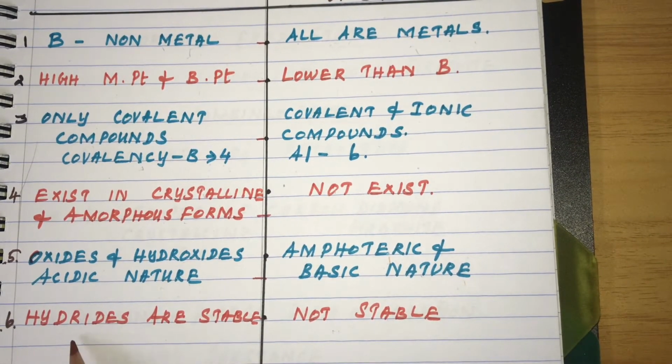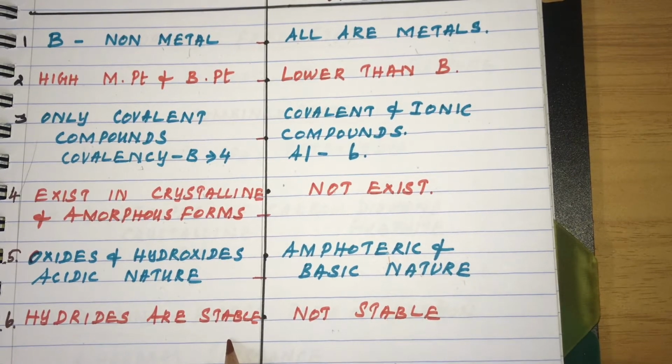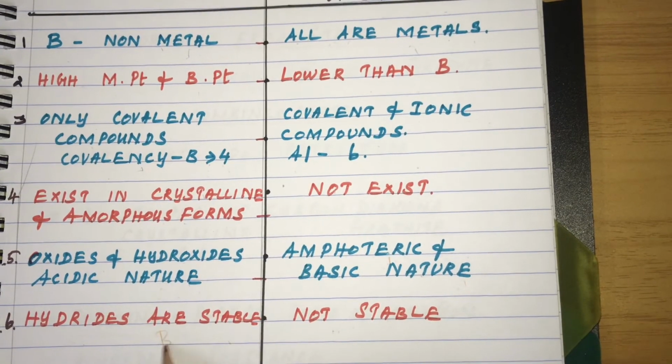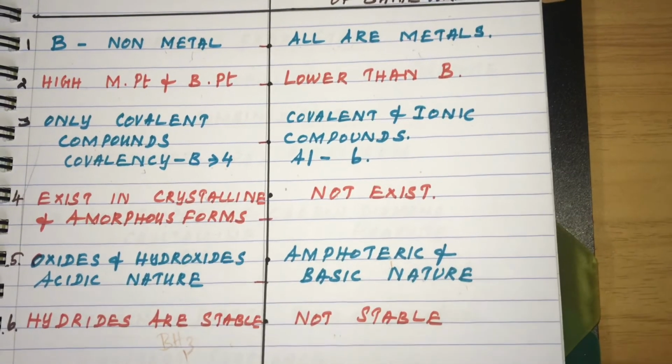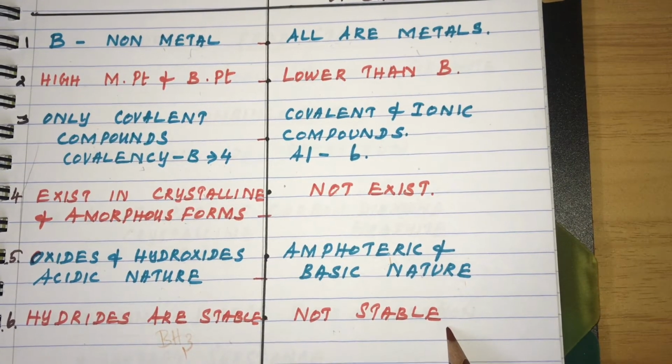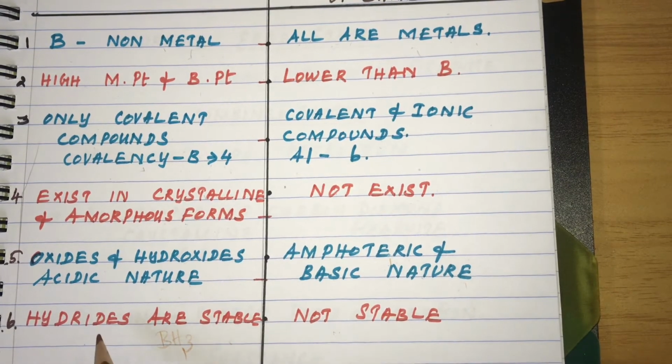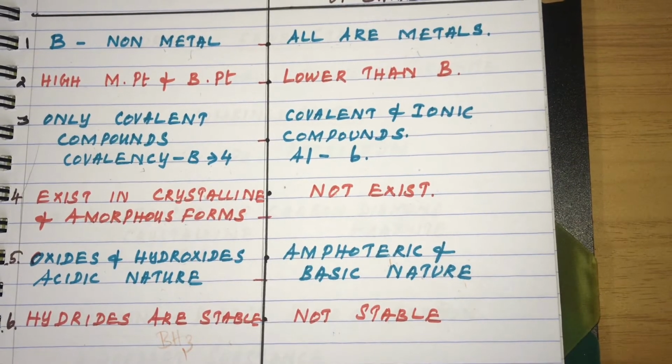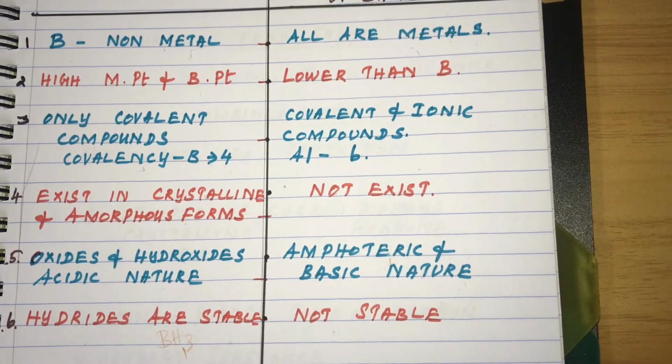Boron hydrides are stable. A hydride is a compound formed with hydrogen, for example BH3. Boron hydrides are stable, but the compounds of the other elements with hydrogen are not stable. When boron reacts with metals, it forms metal borates, for example magnesium borate, Mg3B2.